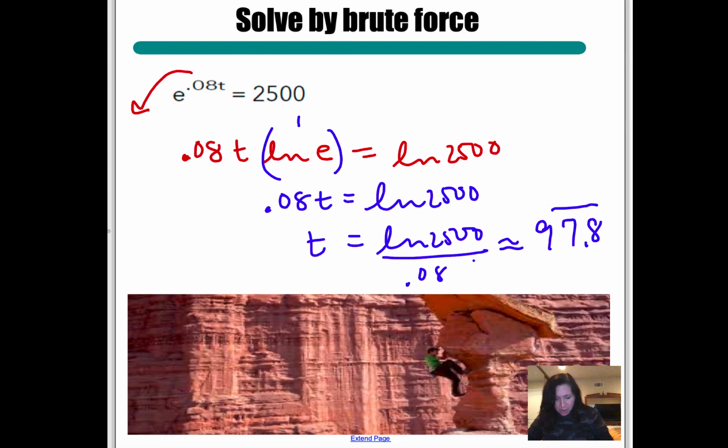What that means, by the way, is I should be able to plug this value, 97.8, back in for t. So go back to your calculator and type in second e to the 0.08 times 97.8.